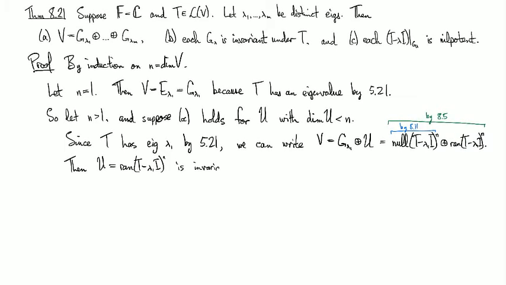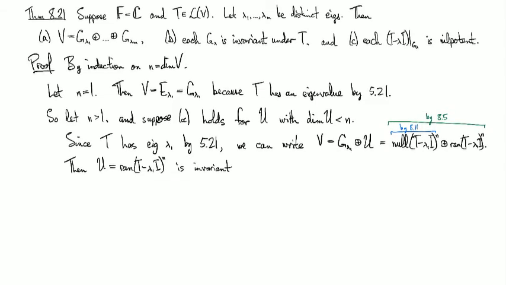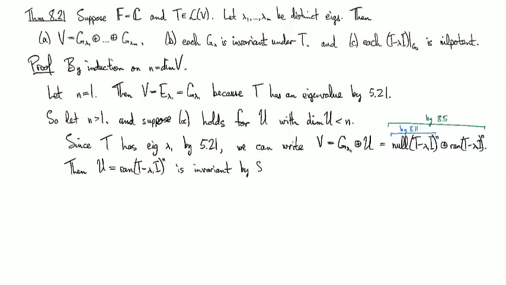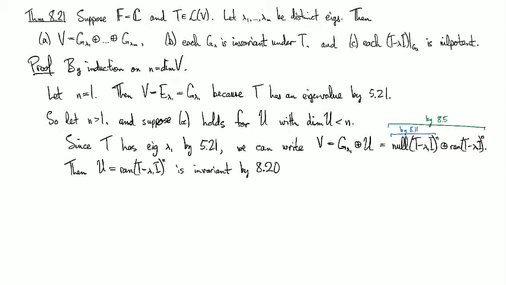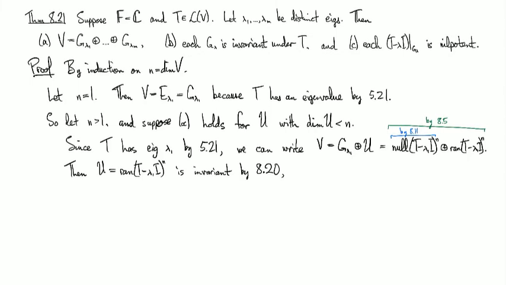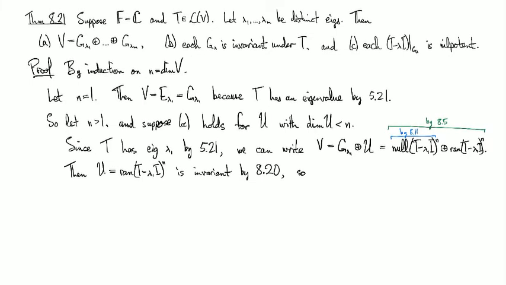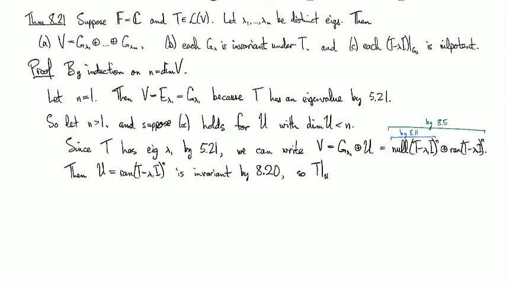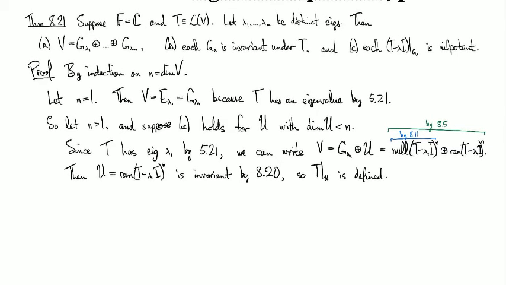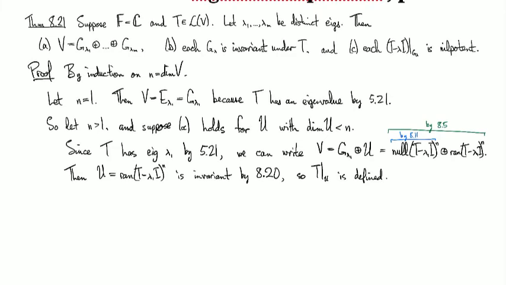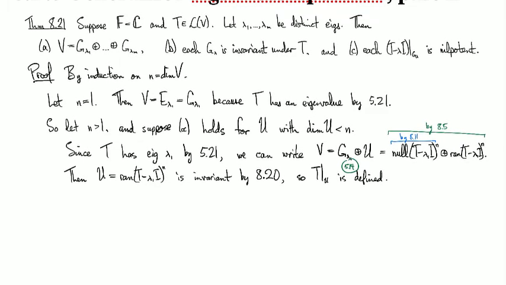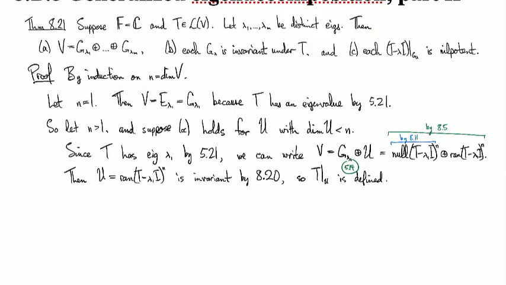And so this one is invariant by 8.20, our lemma. The significance of it being invariant is that the operator restricted to U is defined. If you go back and check the fine print for the restriction of an operator back in 5.14, it requires that you have an invariant subspace, otherwise it doesn't make sense.